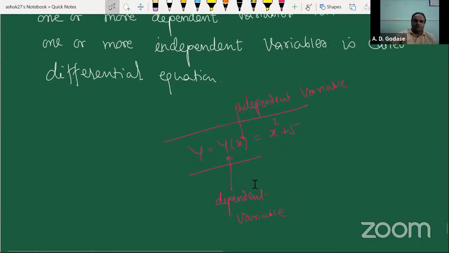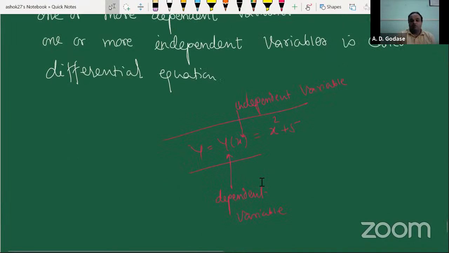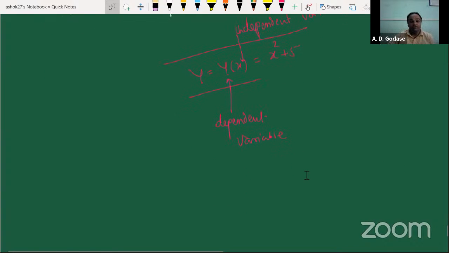There may be one or more independent variables. For example, if y is a function of x and t, say y equals x square plus t square, then y depends on two independent variables, and y is the dependent variable.